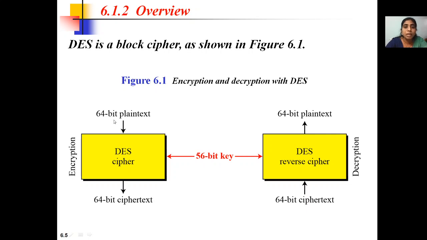When we encrypt our plain text with the algorithm, we get 64 bits as the ciphertext. In reverse, whenever we take the ciphertext, we apply the same 56-bit key and we achieve the plain text at the decryption end.